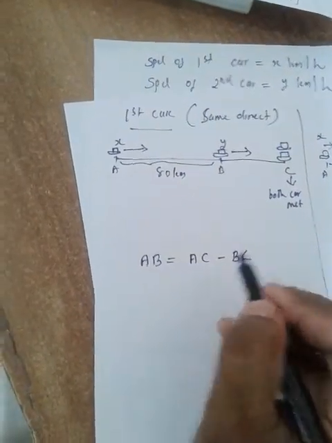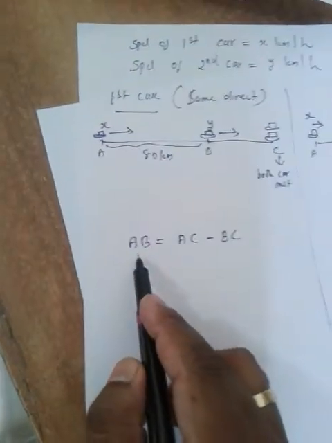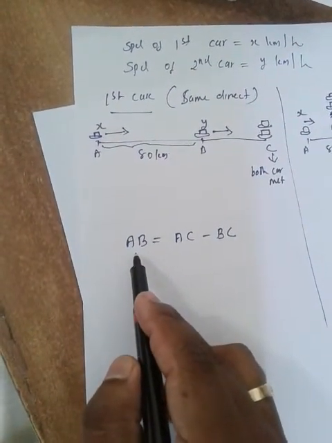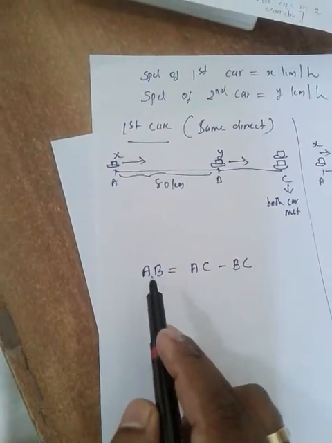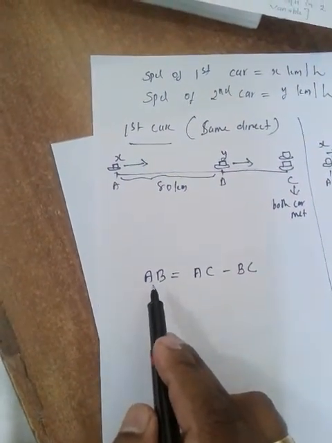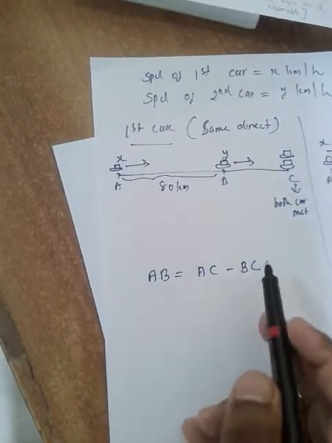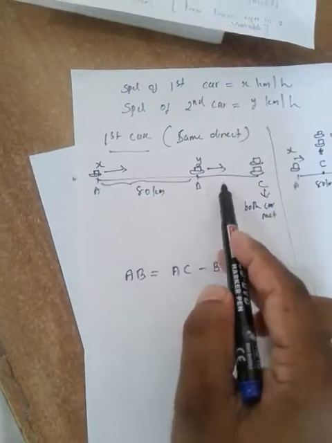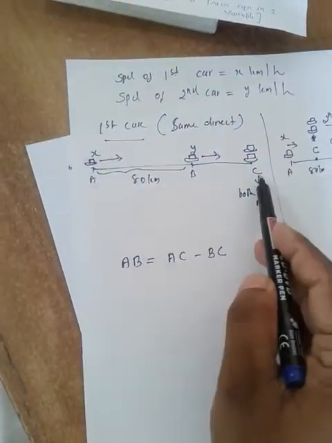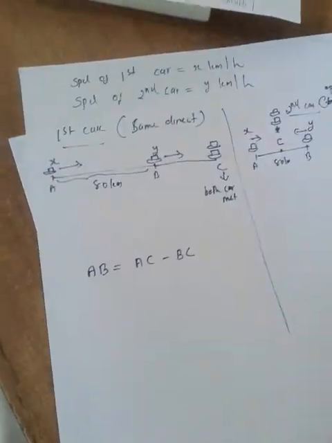Why am I writing like this? Here the given thing is AB, so I have to form an equation for the given thing AB. AB is equal to AC minus BC. Can I write like that? When you subtract BC from AC, you will get AB, isn't it?